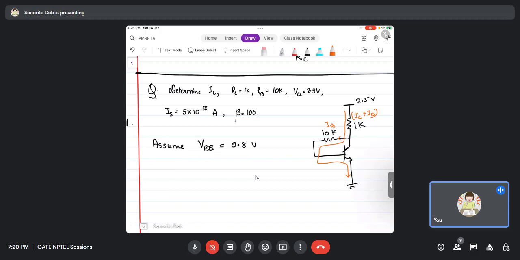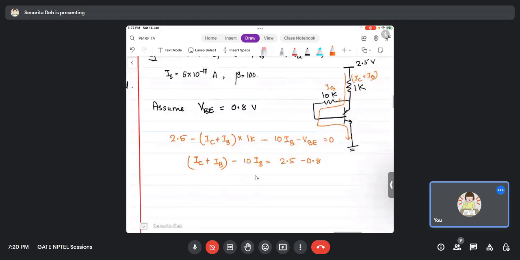So I will apply a KVL: 2.5 minus (IC plus IB) into 1 kilo ohm, minus 10 kilo ohm into IB, minus VB is 0, right. So from here, (IC plus IB) plus 10 times IB equals 2.5 minus 0.8, VB, here you put the value of VB, and IB you know it is IC by beta.